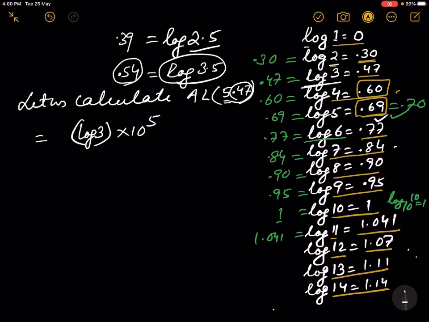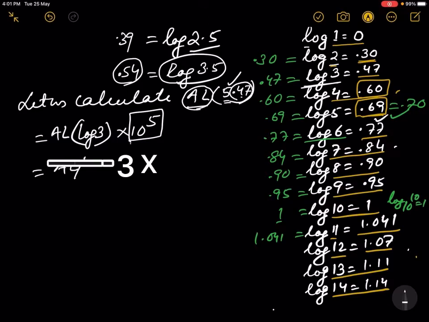This 5 is written as 10 to the power 5, and this 0.47 is log 3. Then anti-log and log cancel, and this part becomes 3 into 10 to the power 5.